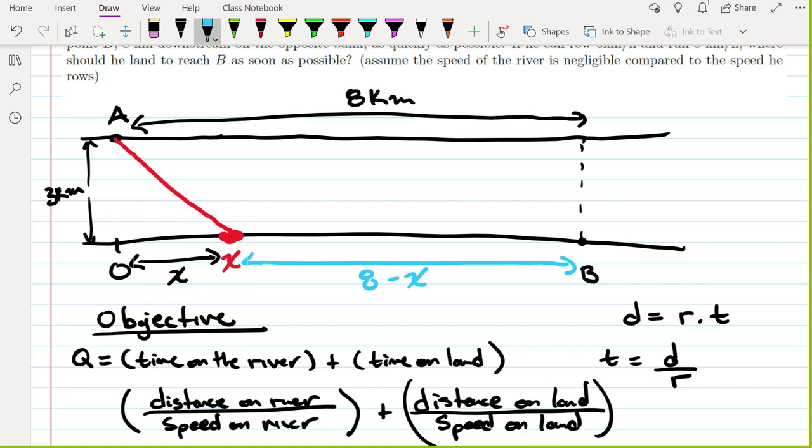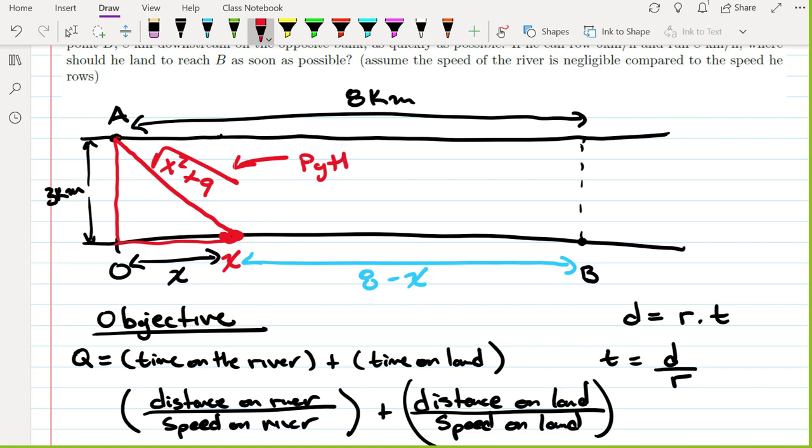So his distance on land is going to be 8 minus X, but his distance on the river is going to be the hypotenuse of this triangle right here. Well, our triangle has legs X and 3, so then this is going to be, by the Pythagorean theorem, x squared plus 3 squared is 9.